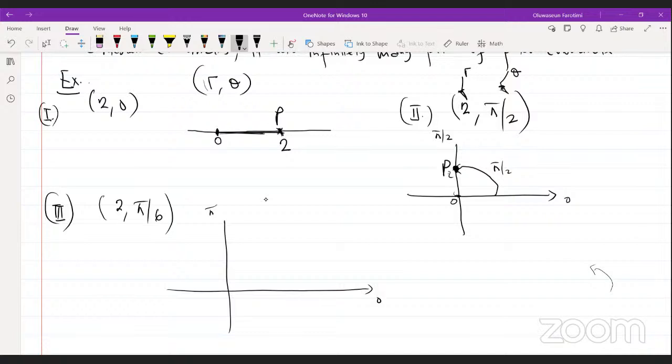Again, this is 0, this is pi over 2, and pi over 6 lies somewhere here.